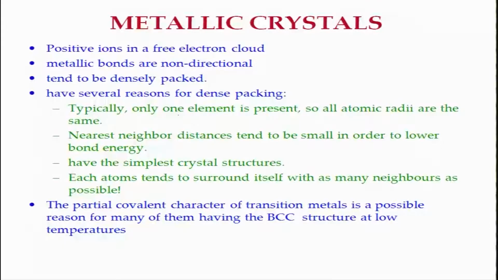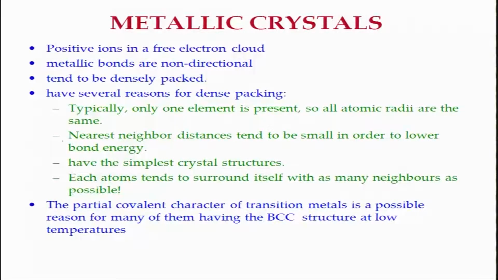But since you have only one type of element present, by and large, they undergo dense packing. As a result, the nearest neighbor distances tend to be smaller, and smaller nearest neighbor distances lower the bond energy, and they have simple crystal structures and each atom tends to surround itself with as many neighbors as possible.